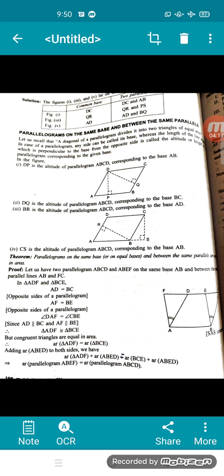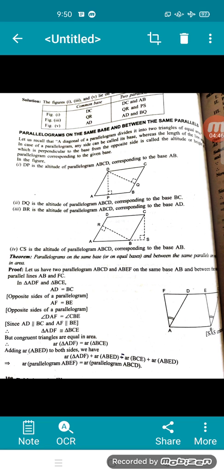Now here in the figure, ABCD: AB is the base, BC can also be the base, or CD or AD. Whereas the length of the line segment which is perpendicular, making 90 degrees to the base from the opposite side, is called the altitude. For example, in this figure, if you are taking AB as the base, then DP is the altitude. If you are taking BC, then DQ. It is also called the height of the parallelogram corresponding to the given base.